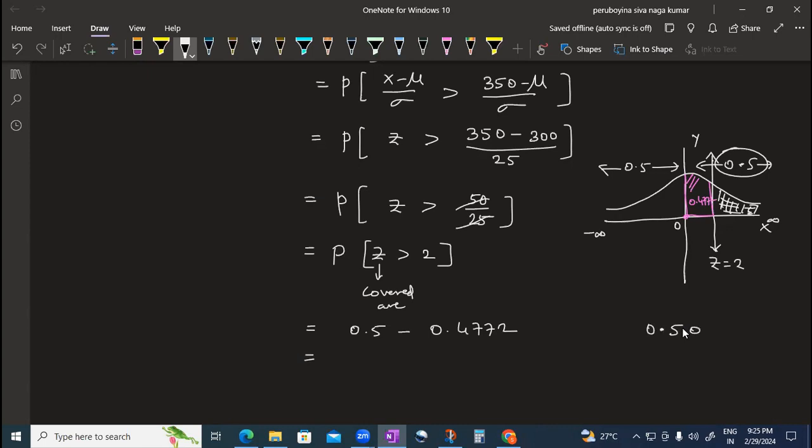First write 0.5000 and next 0.4772. Now do the subtraction. 10 minus 8. 0.0228. This is the answer of the first question.